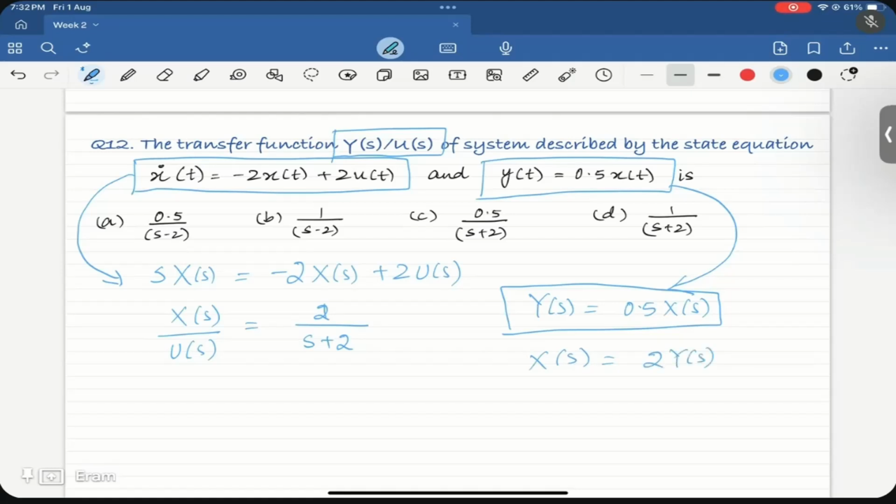So in place of X(s) we can put 2 times Y(s) divided by U(s) equals 2 by s plus 2. So 2 will cancel out, so Y by U will be 1 by s plus 2. So which option is correct? The transfer function of Y by U is given by 1 by s plus 2. So the correct option is D. Okay.